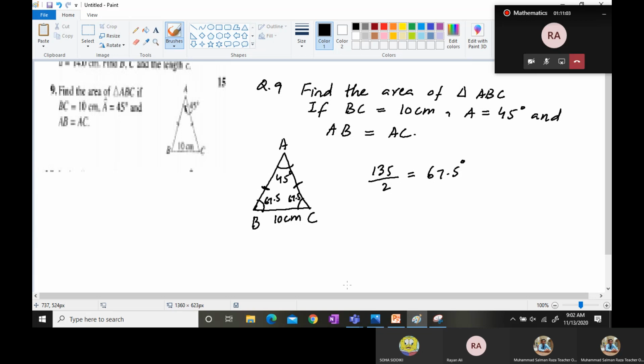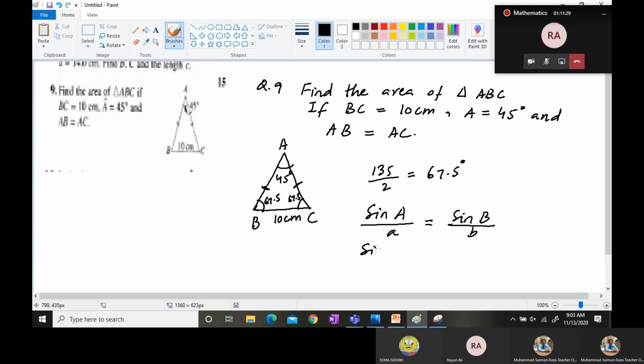67.5 degrees, because this was an isosceles triangle, so they have mentioned it like this. 67.5 degrees is one of the angles. Now I want to know any one of the sides over here. So what I can do easily is apply the sine rule, that is sine A upon a is equal to sine B upon b.